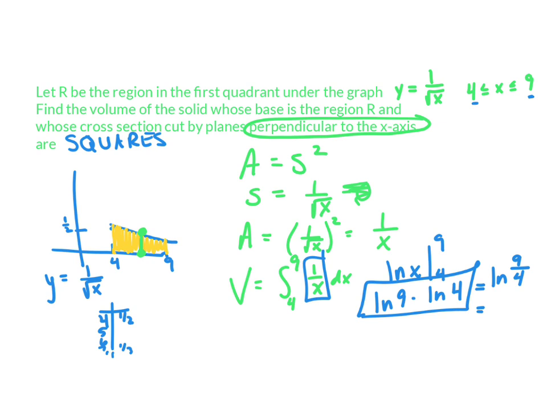This can get rewritten even further, and I'm just having fun with you. Both of these are perfect squares, so I really could say it's the ln of 3 over 2, squared. Would you agree that's 9 over 4? And then they can apply that log property and bring the exponent down in front. So they might, as a choice, call it 2 ln of 3 over 2. But obviously, if it's short answer, this answer is great. And then you just got to keep playing with log properties. Trust yourself and play with the log properties.